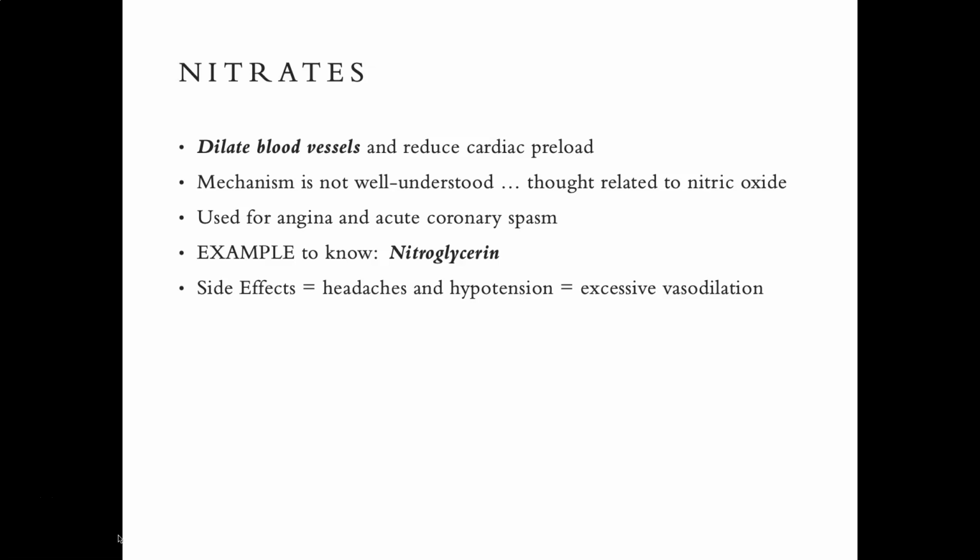And the most common form of nitrate that is used is nitroglycerin. Typically it's under the tongue, but it can also be given via patch. But you really need to know that it's used for hypertension, angina, and acute coronary spasm, and the version that they give is nitroglycerin. It dilates blood vessels.